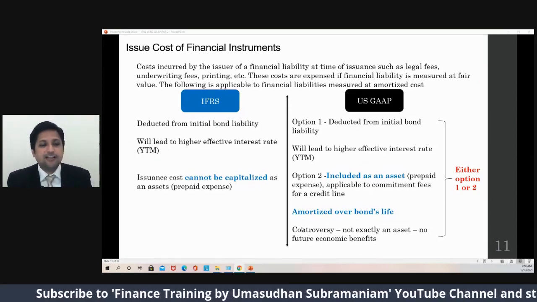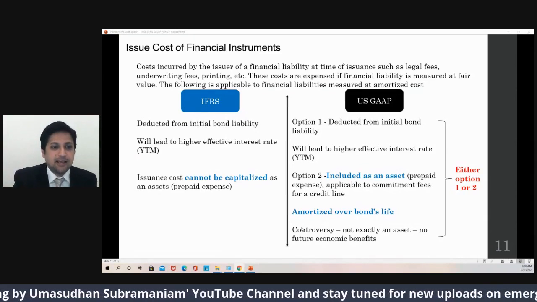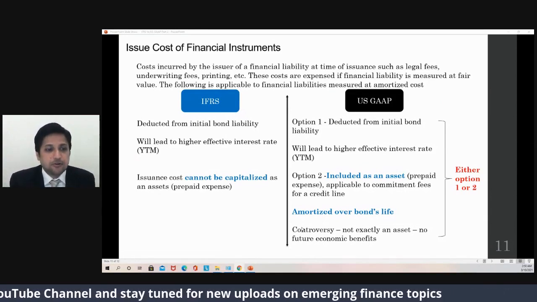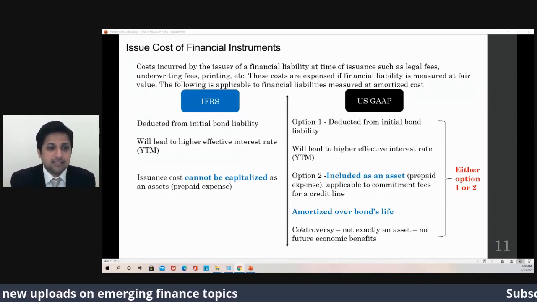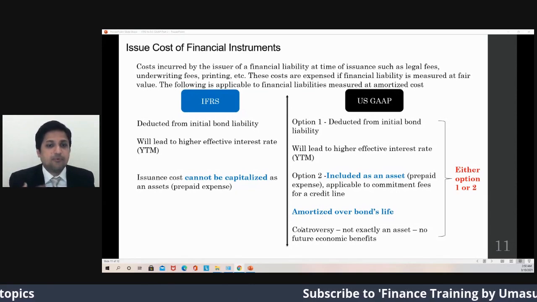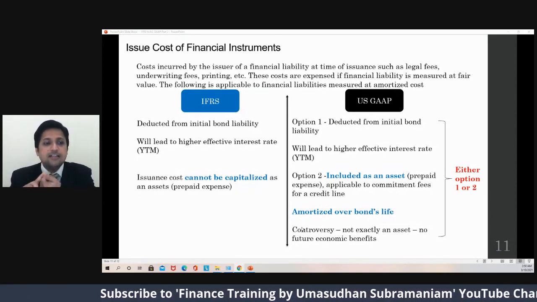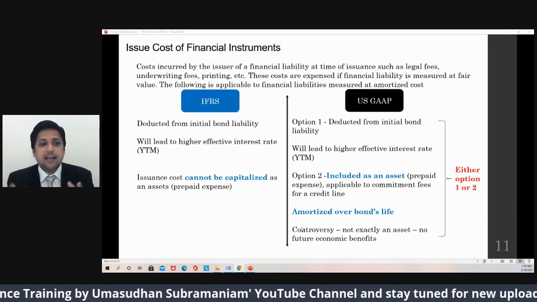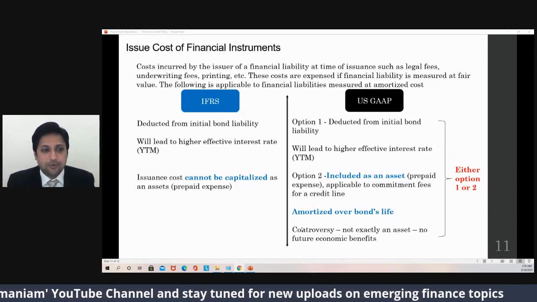Therefore, IFRS does not permit capitalizing the issue cost in the balance sheet and amortizing it, because the issue costs do not meet the definition of assets as per the International Accounting Standards Board. But US GAAP provides an option to either treat issue cost as a deduction from the initial liability or treat it as an asset and amortize it over the period of the loan.